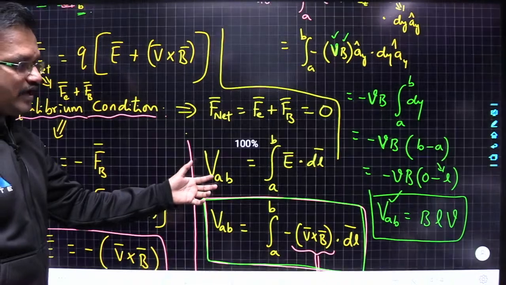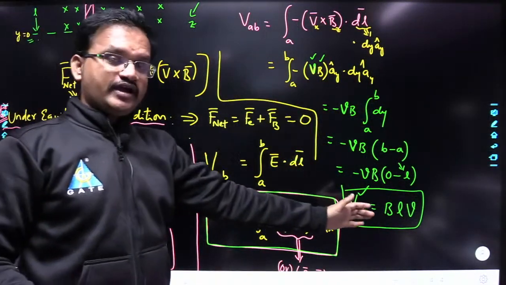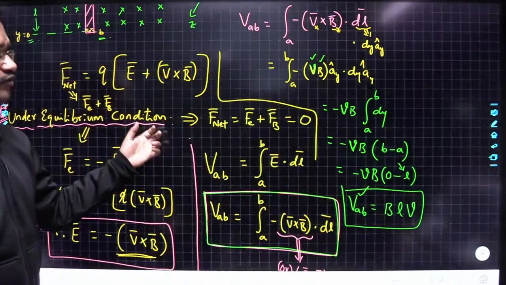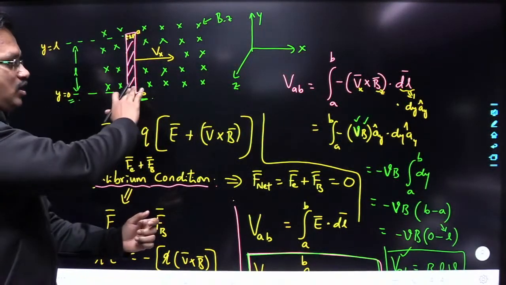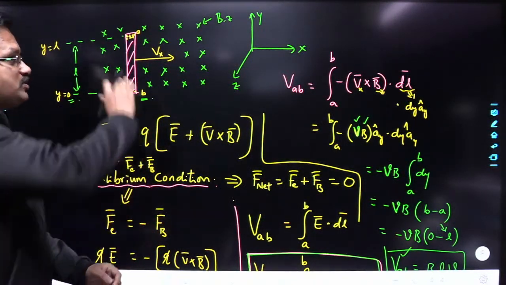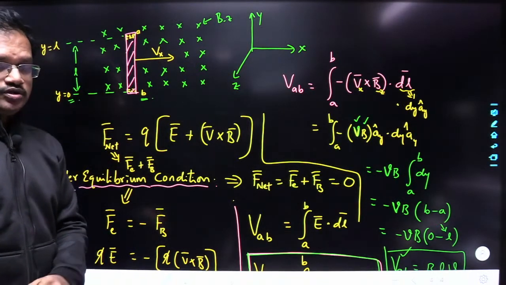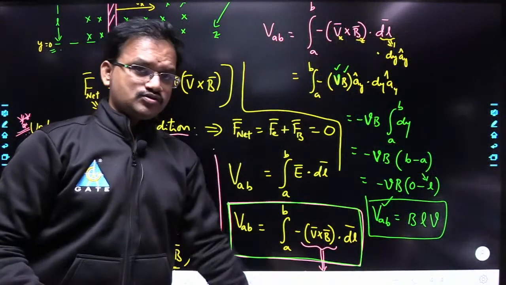You can directly use this formula to get VAB. Here VAB is positive, so without any analysis you can say the top is positive and the bottom is negative. The top is at positive potential and the bottom is at a lower potential. In this manner you can tell directly by using this formula.